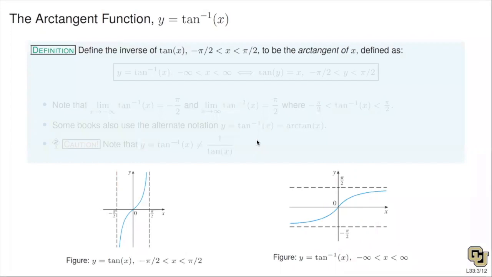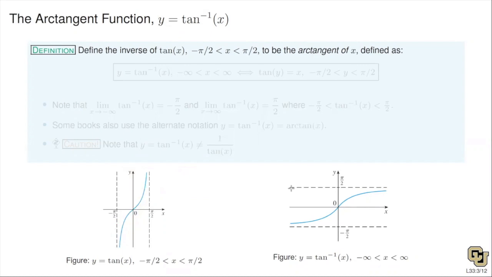And we do this for the tangent function as well. With regards to the tangent function, we look at the tangent between -π/2 and π/2. And so here you'll notice the range of the tangent function is all reals. So the domain of the inverse will be all reals. And here, if we reflect it across the diagonal, we get our inverse, the graph of the inverse.